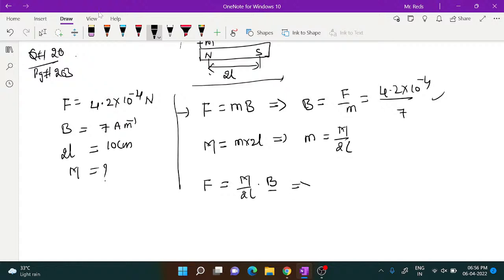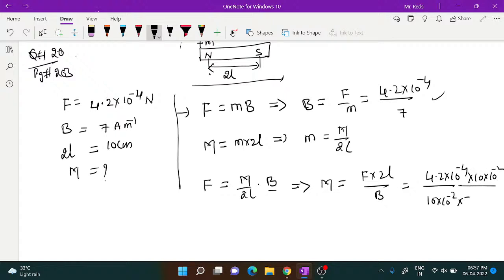From this you can say capital M is equal to F into 2L by B. F is 4.2 into 10 to the power minus 4, 2L is 10 into 10 to the power minus 2, divided by B, 7.